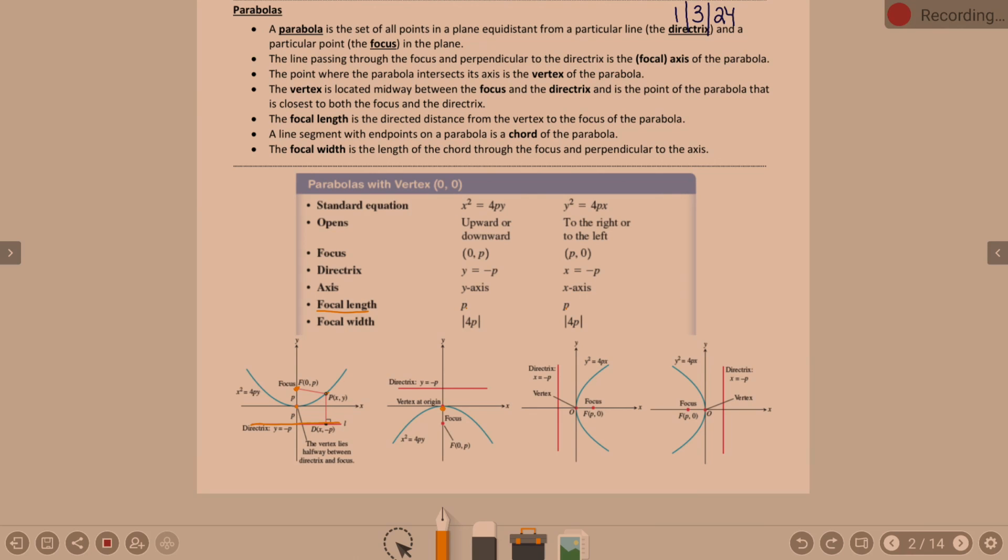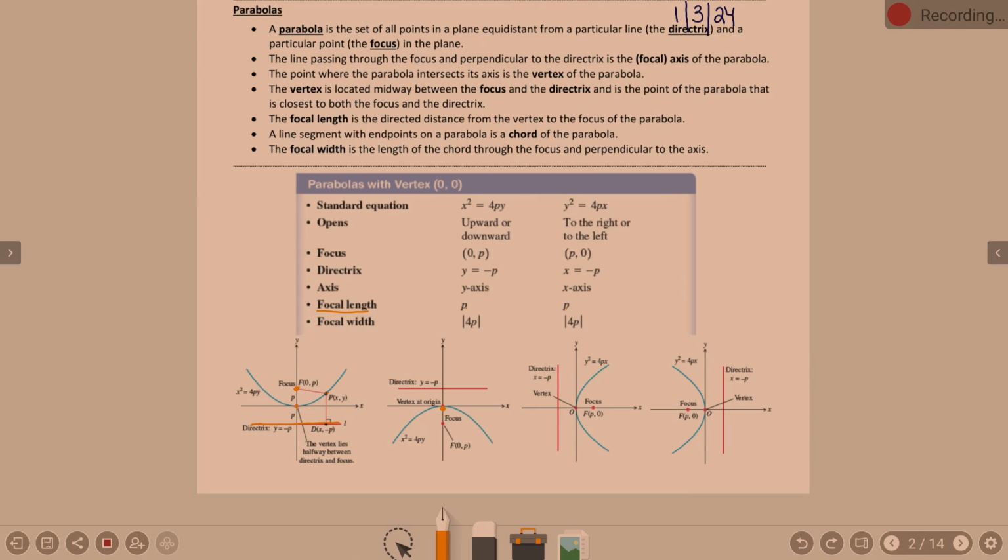More of a geometry review here. A line segment with endpoints on a parabola is a chord of the parabola. So if it goes from one piece of the parabola to another piece. And I bring that up because the focal width is the length of the chord that goes through the focus and is perpendicular to the axis.